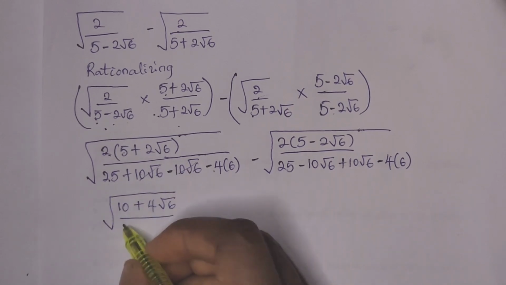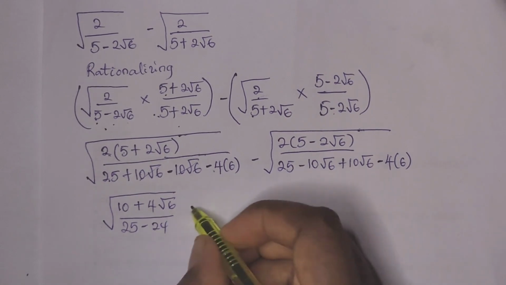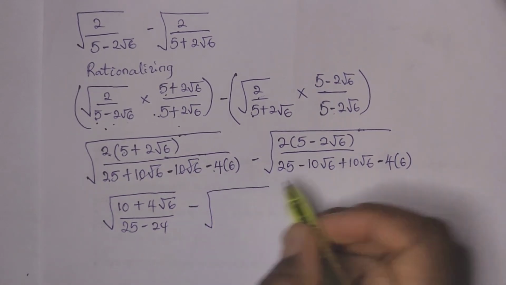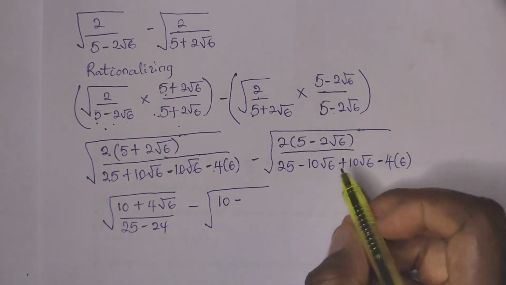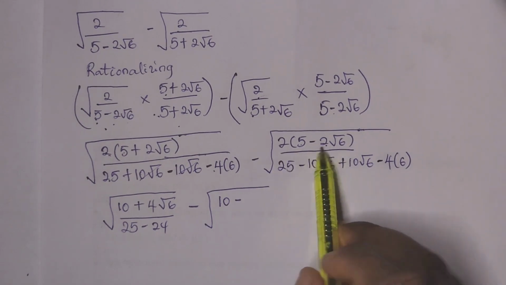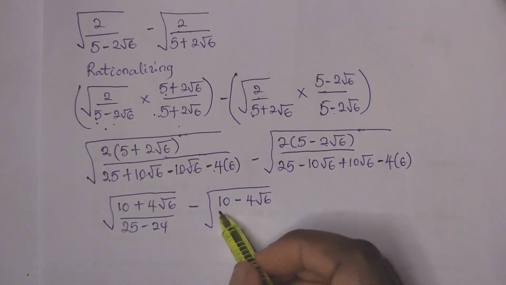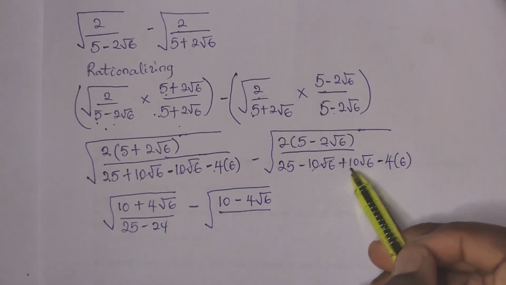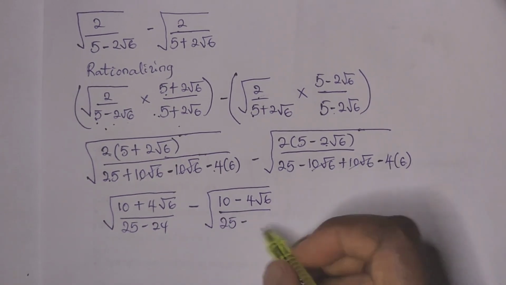We have 25 minus 4 times 6 is 24. Minus, resolving this one as well, 2 times 5 is 10 minus 2 times 2 is 4 root 6, all over 25 minus 4 times 6 is 24.